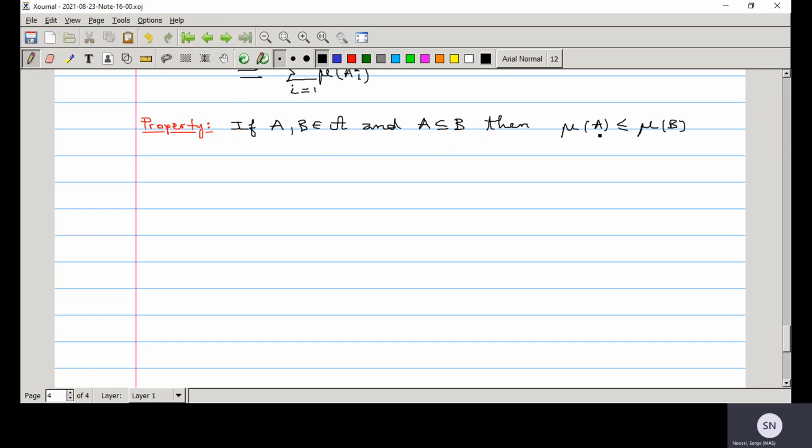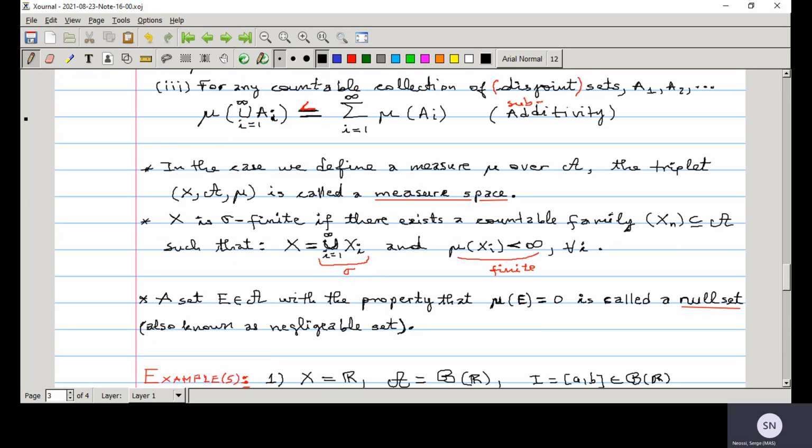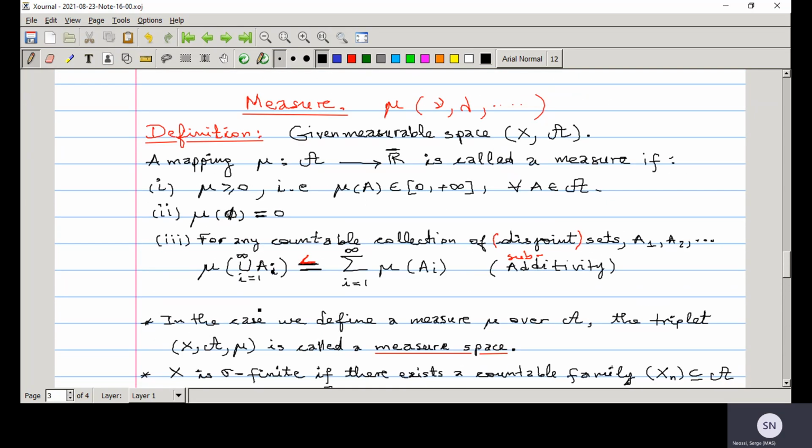But it's a subset, so it will be less than or equal. If it is a subset without the inclusion of equality, then it will be strictly less than. In order for us to do this, we'll use the last property. If you use this last property, then we are done.